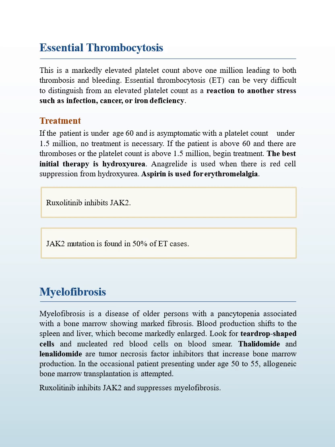Next clinical topic: myelofibrosis. This is a disease of older persons with pancytopenia associated with bone marrow showing marked fibrosis. Blood production shifts to the spleen or liver, which become markedly enlarged. Look for teardrop-shaped cells and nucleated red blood cells on the blood smear.